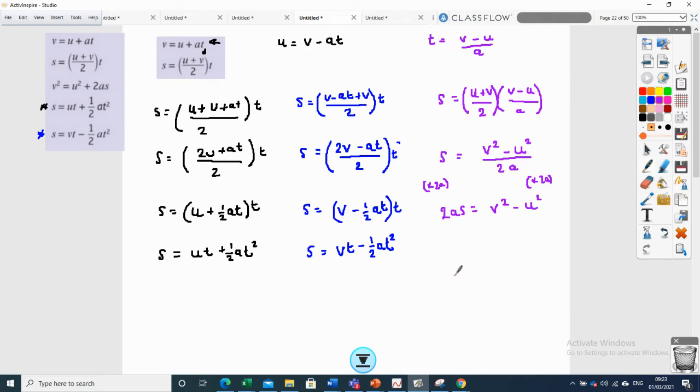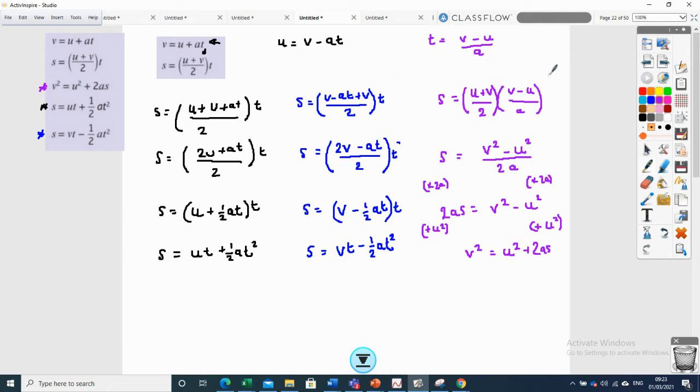Then I'm going to add on the u squared and swap them around, so v squared is equal to u squared plus 2as. And that is your final derived formula.